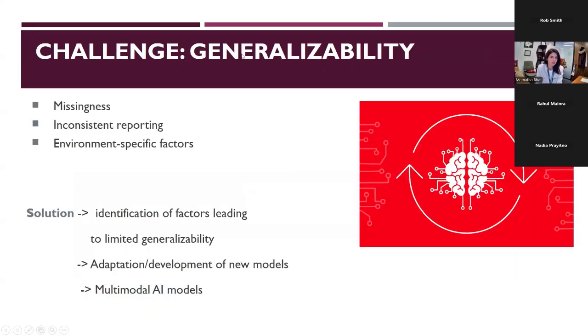It is also a significant issue, this generalizability of models, and that can be due to different factors, environment-specific factors, inconsistent reporting of data. And so when we see that an ML model is not generalizable in a different context, one should identify what are those factors leading to the limited generalizability and adapt that model, or perhaps even develop a new model for that different environment.